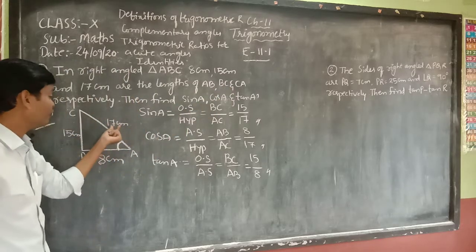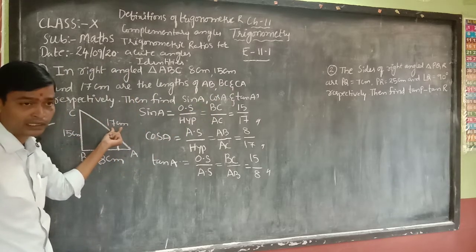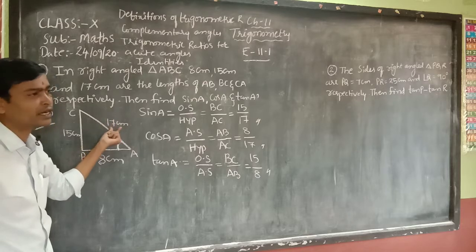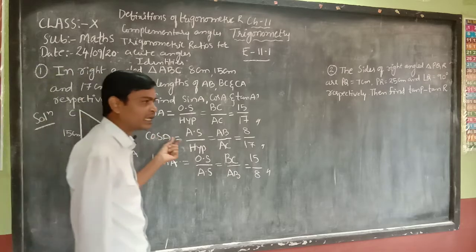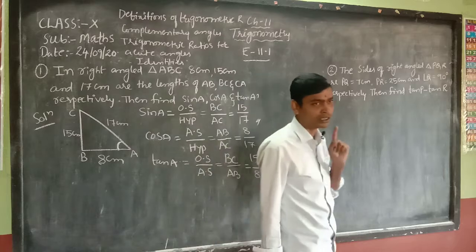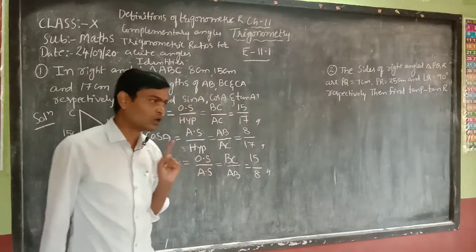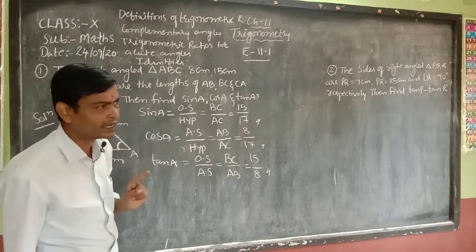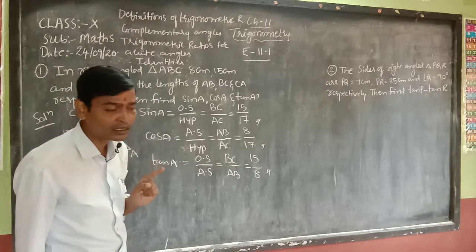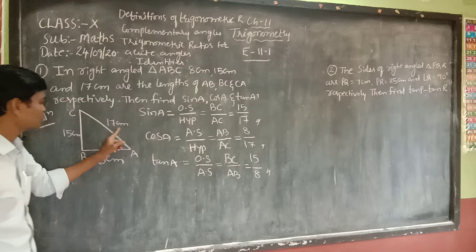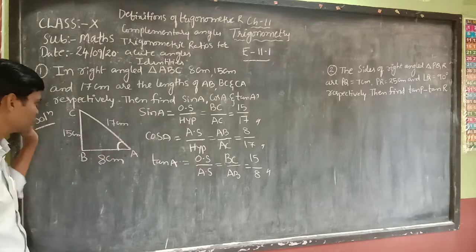Why CA is 17 centimeters: the longest side in a right angle triangle is always the hypotenuse. One thing you have to remember blindly: the longest side in the right angle triangle is always the hypotenuse.